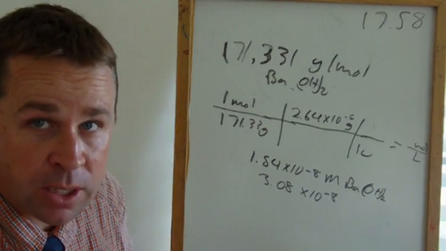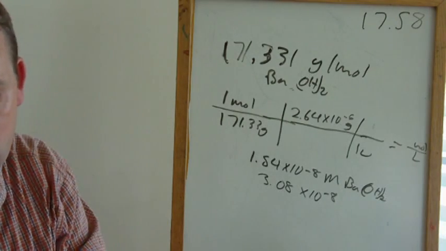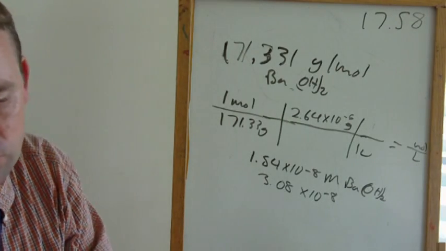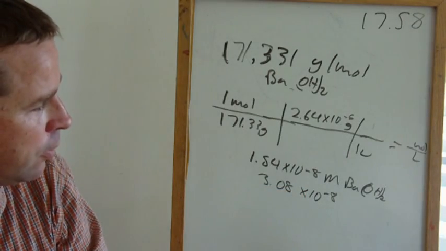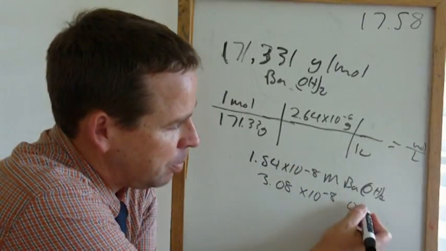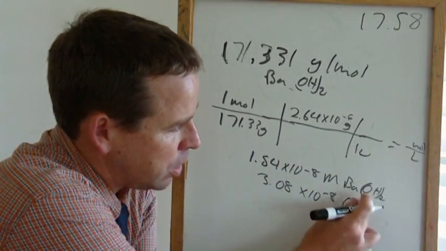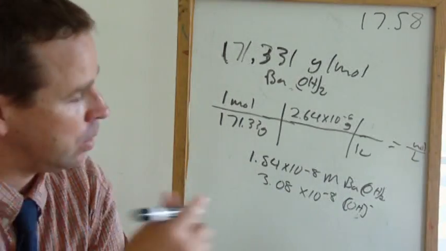All metal hydroxides are insoluble except for group 1A and those of calcium, strontium, and barium. So barium hydroxide is soluble. So that's a fair assumption, right? That the molar concentration of barium hydroxide times 2 would be the molar concentration of the hydroxide ion. Okay?